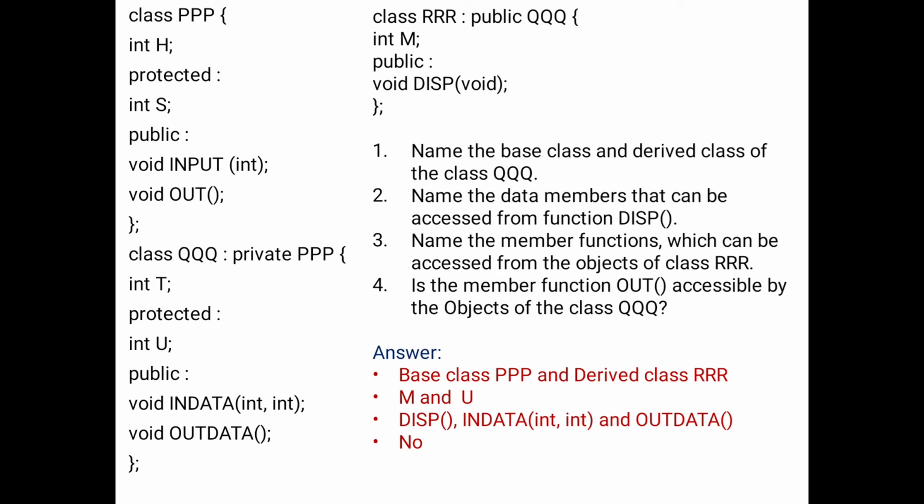Keep in mind that all the members of class PPP derived by class QQQ will change from protected to private and from public to private.